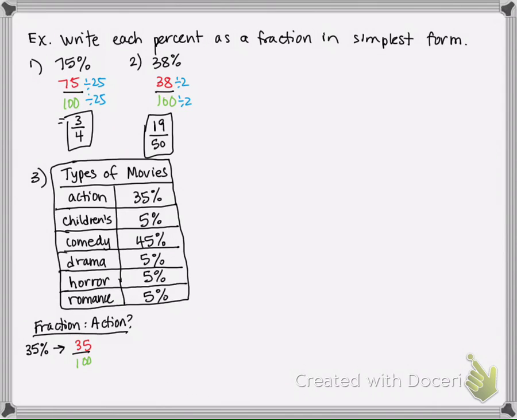I can divide a 5 out of each of those. And that's going to give me, 5 goes into 35 7 times, 5 goes into 100 20 times. So 7/20 of the movies were action. I like that fraction action.